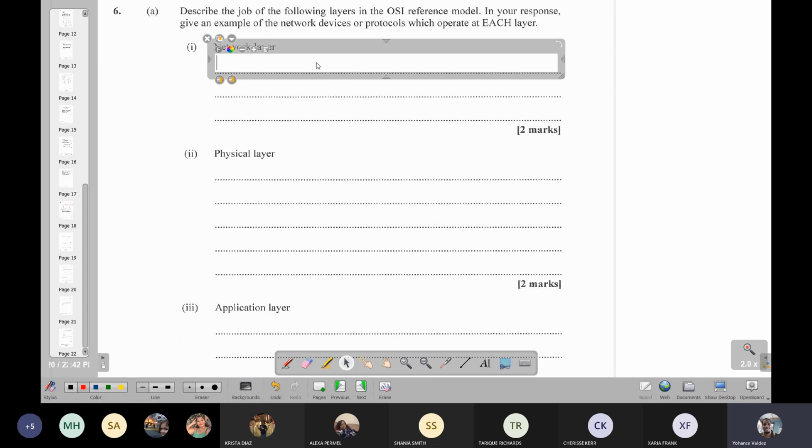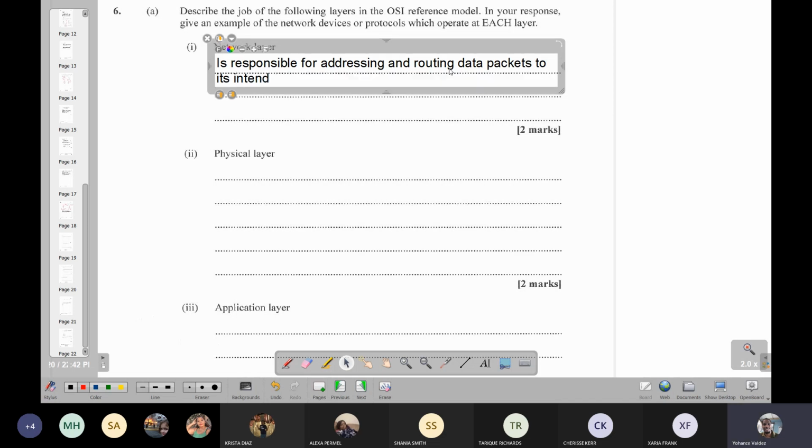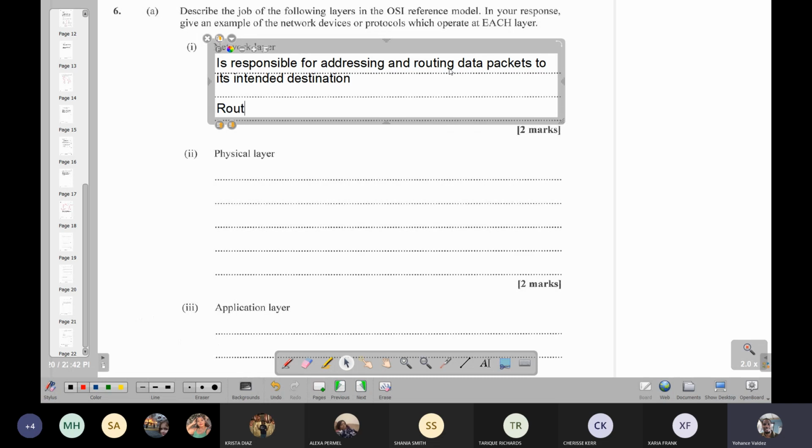All right, so the network layer. Packets are routed to the destination. It is responsible for addressing and routing data packets to their intended destination. And yes, Shania is correct. The router is a layer 3 device.